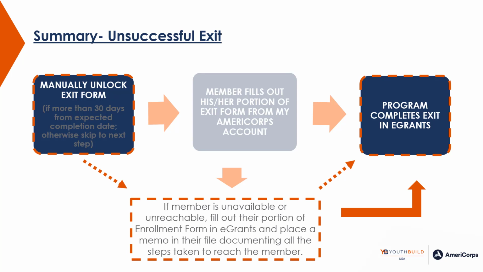So if the member is not already in your pending exits list, you will still go in and unlock their exit form, but then you will be able to click on their name. You can do it right out of that pending exits page, and you can actually complete their exit form yourself as a staff in eGrants in order to then move forward with exiting them and completing an unsuccessful exit without an education award.